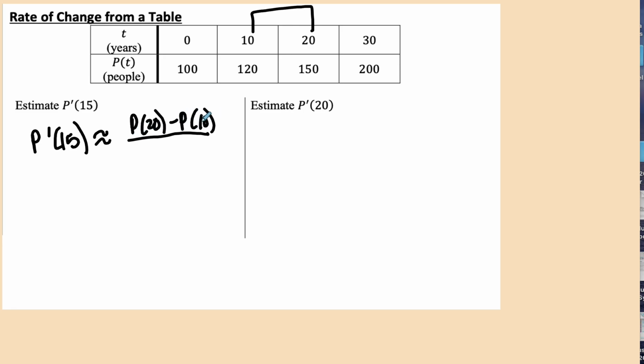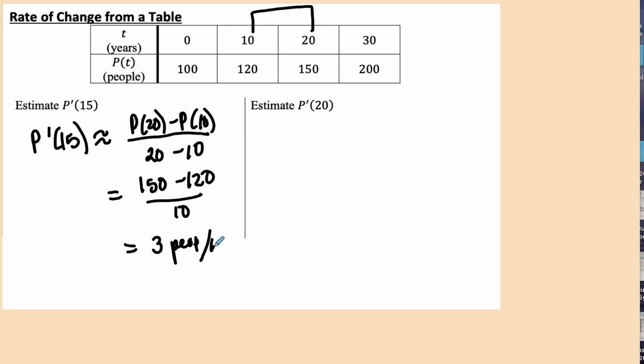So that's the change in y over the change in x, which is 20 minus 10. So this value will be 150 minus 120 all over 10. And then this answer is 30 over 10, or 3 people per year.